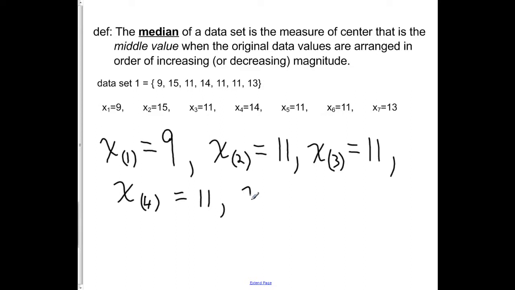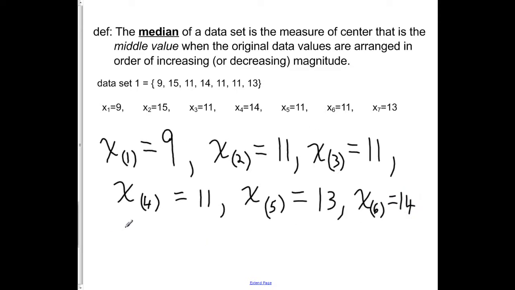And then x5: after 11, the next smallest value is 13. The next smallest value after that, x6, is 14.